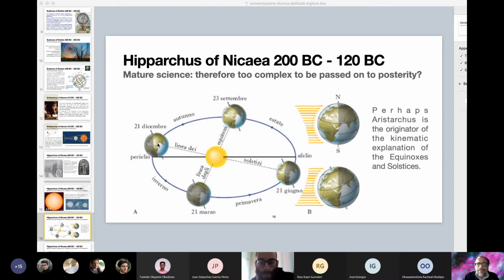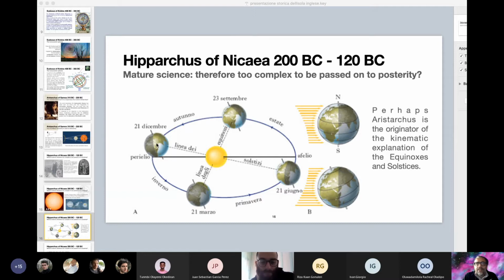So you have a bigger energy per unit area arriving in the southern hemisphere and a smaller amount of energy per unit area arriving in the northern hemisphere.